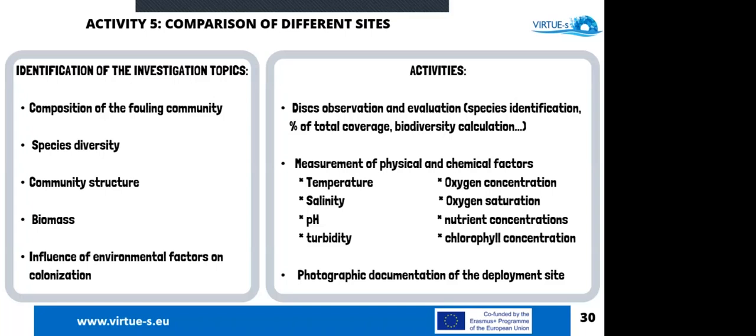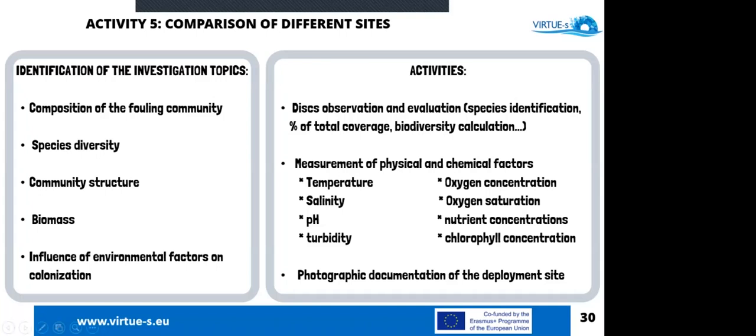When deploying Virtue's discs into different locations, much information can be gained. For instance, you can study the composition of the fouling community in the two areas, or the species diversity, the community structure, or the biomass of biofouling found on the disk. And also you can investigate the influence of environmental factors on the colonization.